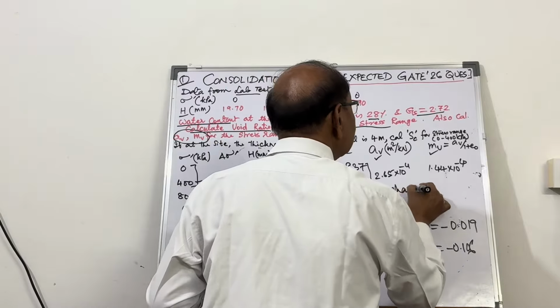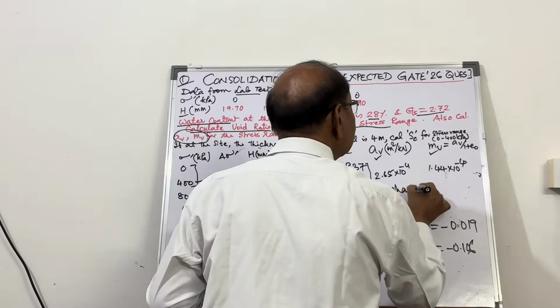So, friends, at the site, the thickness of the clay is given to you as 4 meter, and the pressure range, delta sigma prime, is going to be 400 kilopascal. So you need to calculate the consolidation settlement. So how will you calculate this consolidation settlement Sc?